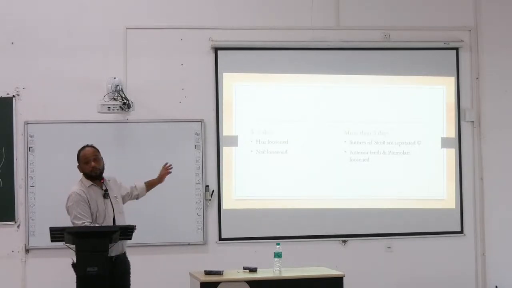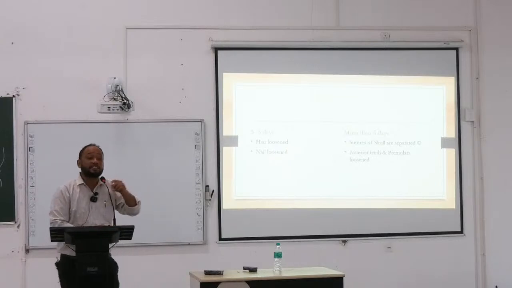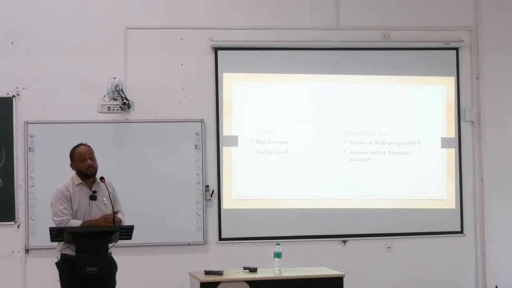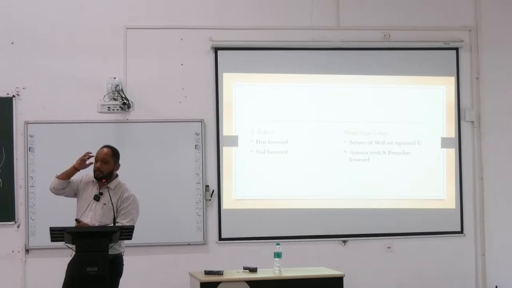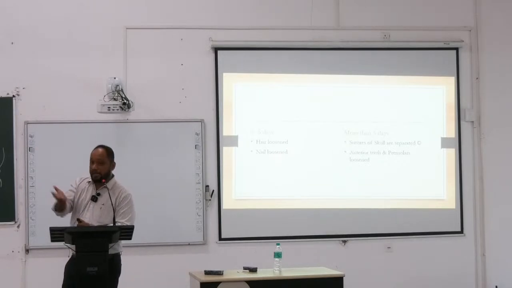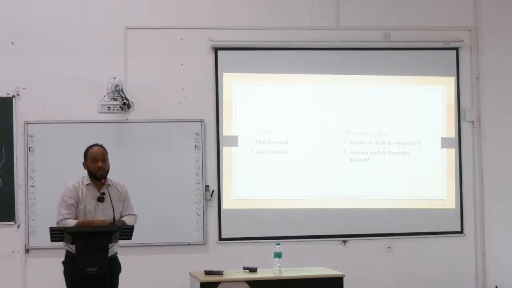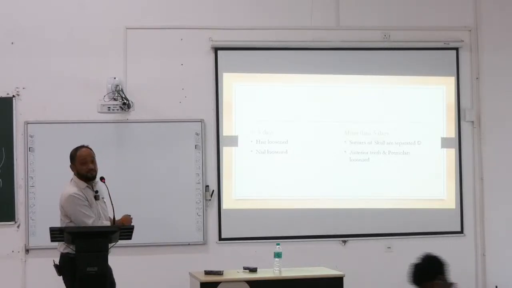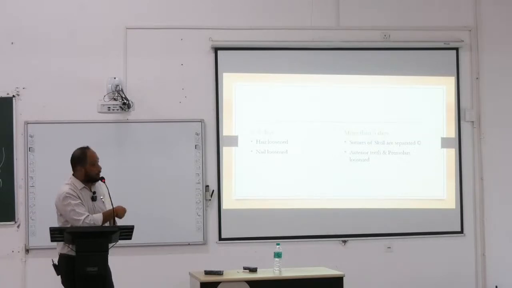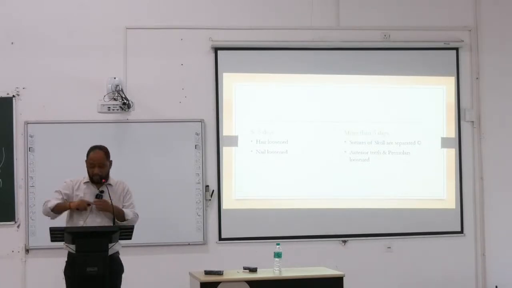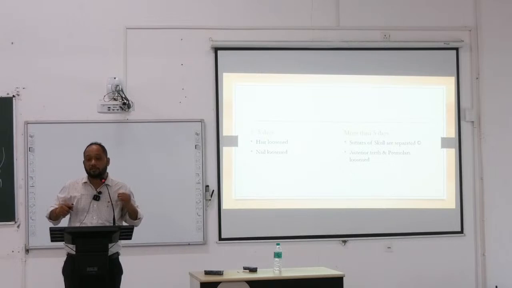Now 3 to 5 days, hair will start loosening, so when you are examining the scalp, if you pull the hair it will come off in your hand, this is what it means. So when does it happen? 3 to 5 days. Nail will be loosened, so it comes out when pulled, okay?